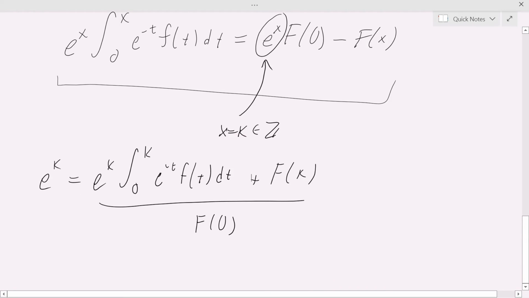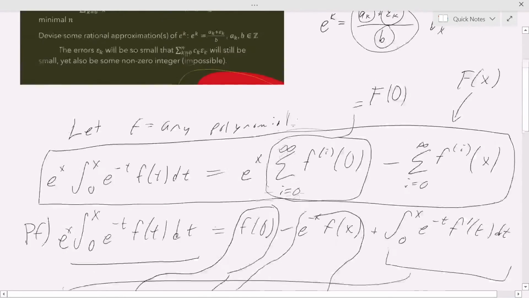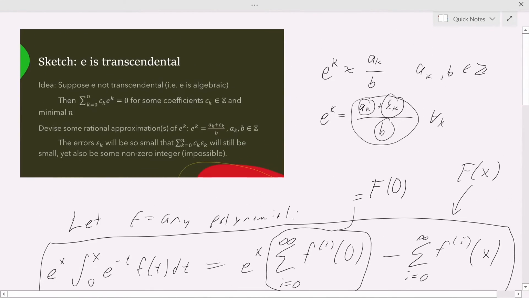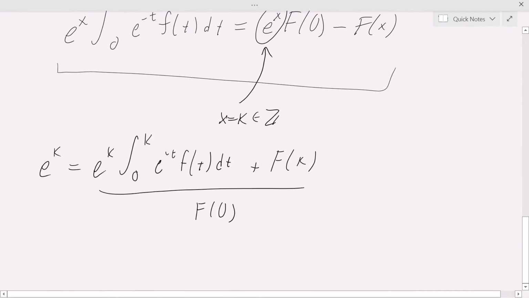Now, the purpose of doing this is that, if you recall above, we said that we wanted e to the k to be expressed as a ratio, some rational number, a sub k over b, and then plus some error, epsilon sub k. That's what we're going to be able to achieve with this form.